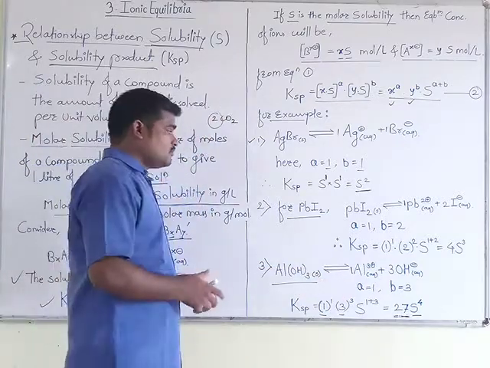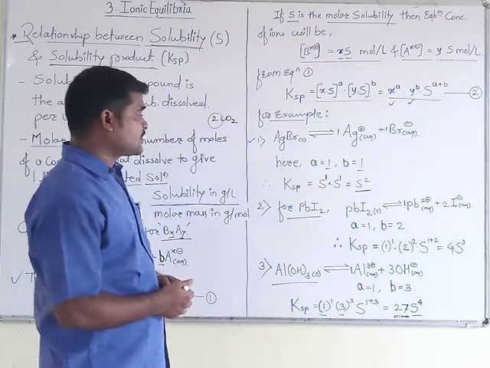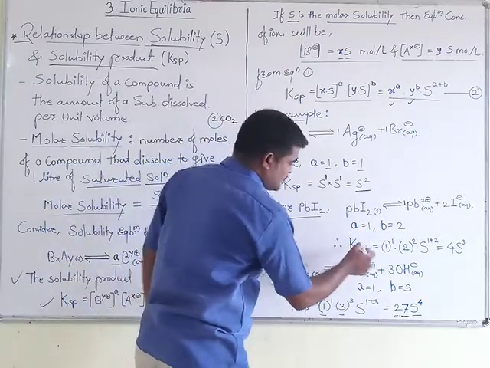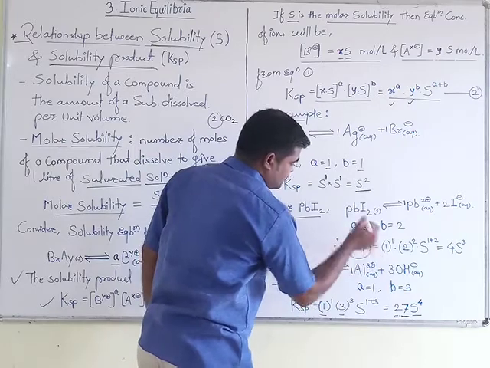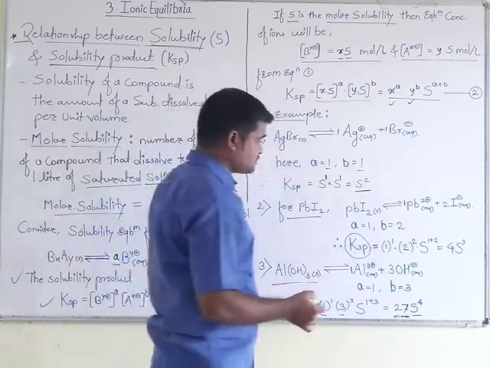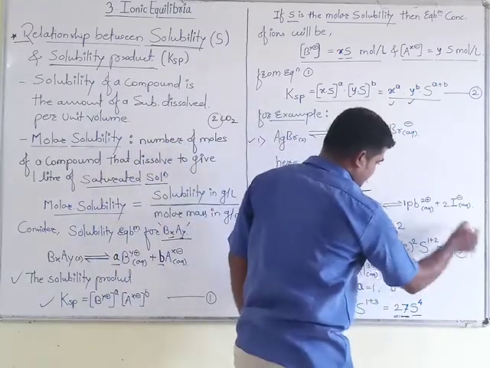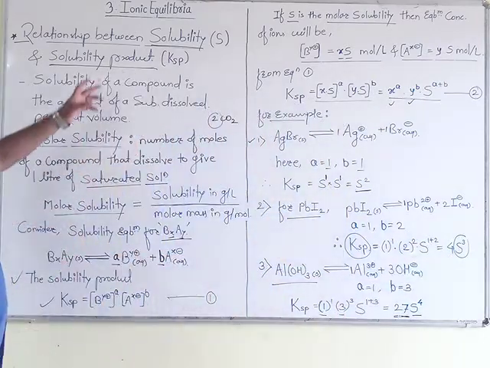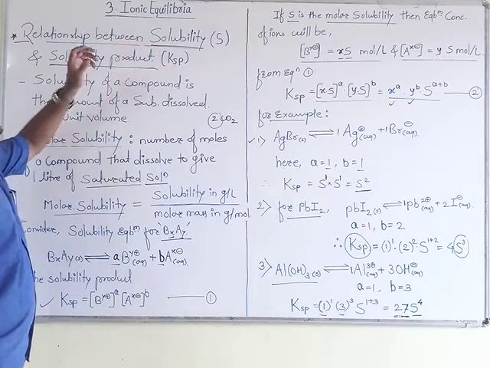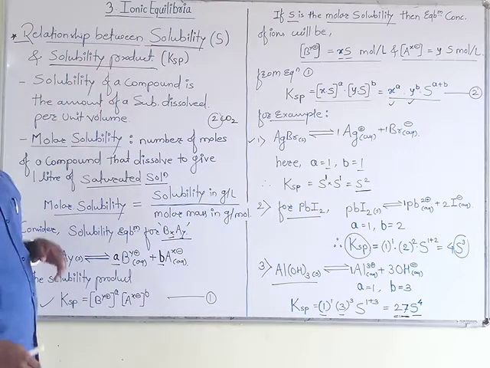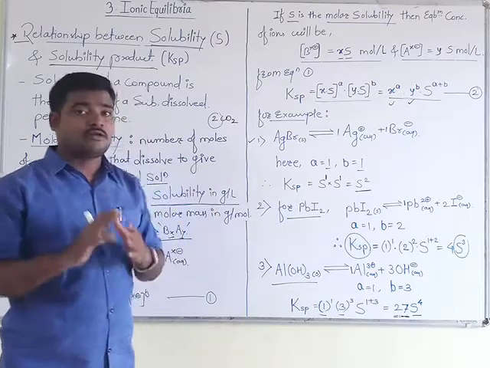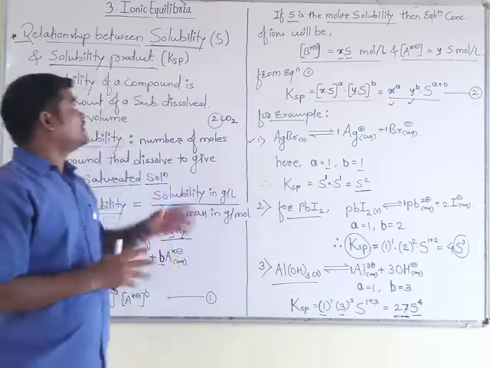So in short, what we did in these examples. Now look at here. I will round off these two values, Ksp and s. What is our target? Our target is to show the relationship between solubility and solubility product. Instead of solubility, we have taken molar solubility for better accuracy.